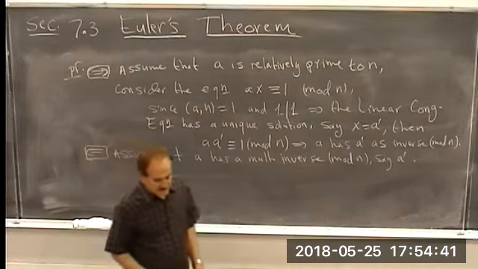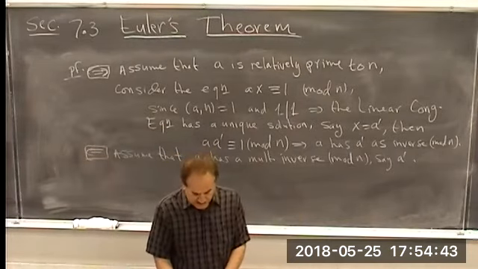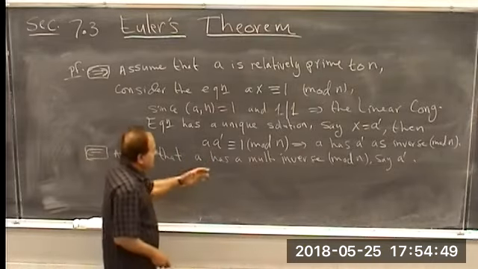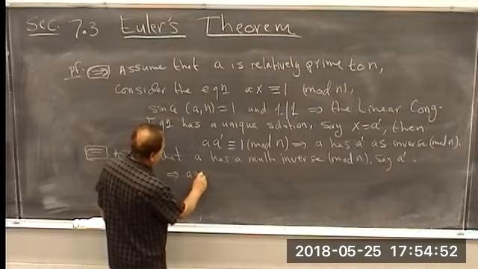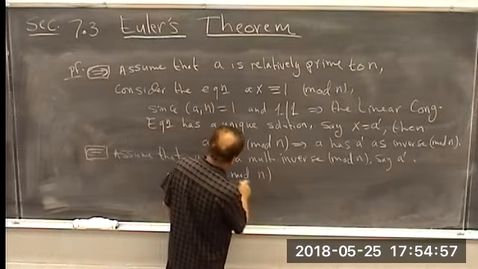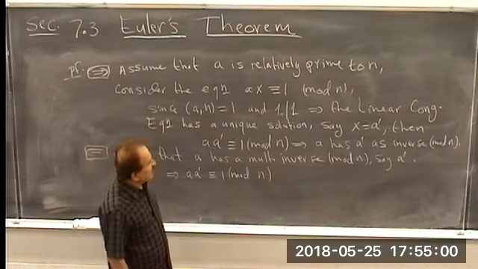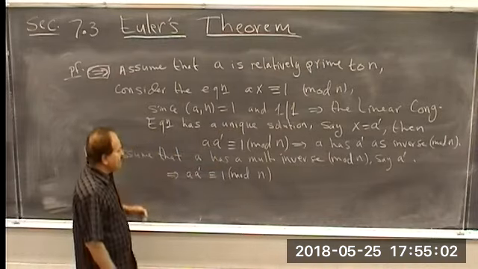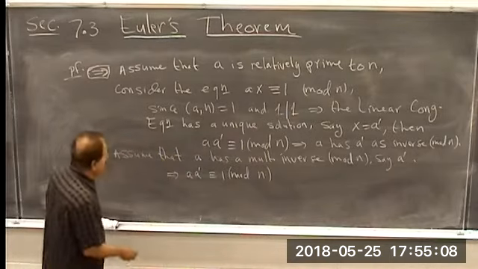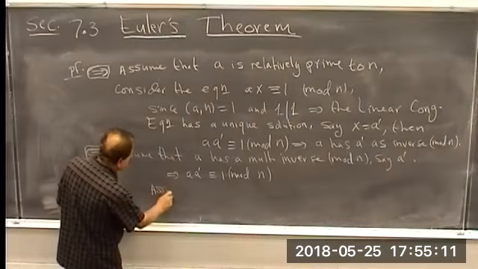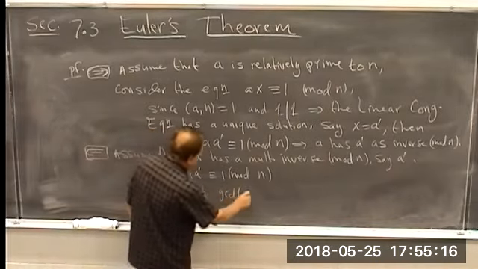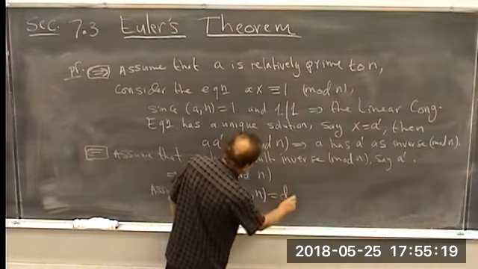That is the case as we see from the first part. So this implies that we have a a prime is equivalent to 1 mod n. And then I want to show that actually a is relatively prime to n. All right? So let's assume that the greatest common divisor of a and n is equal to d.